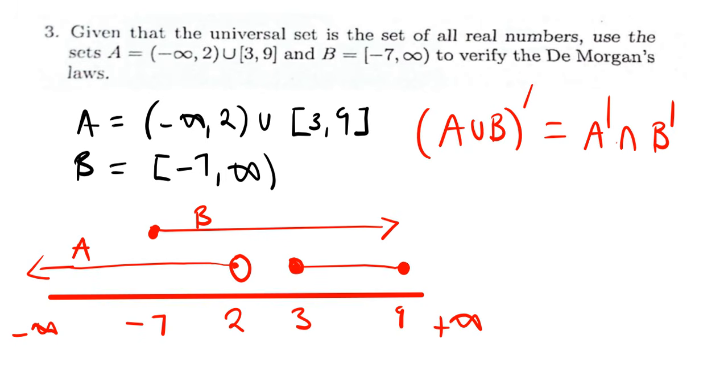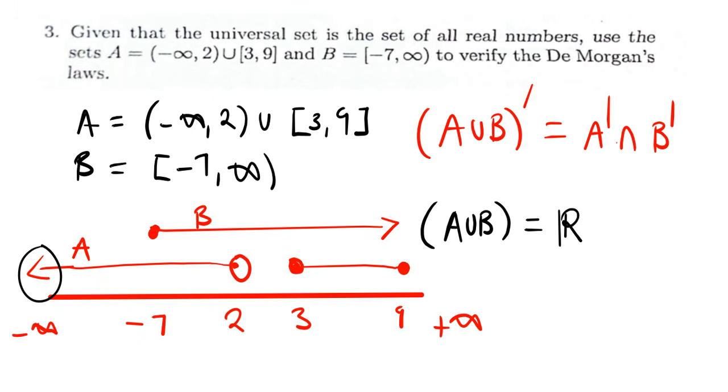So A is starting from negative infinity. It passes through 2, but there are also other parts of B. We can see that if we combine the two sets, we're literally getting all the numbers. So A union B alone is giving us all real numbers.